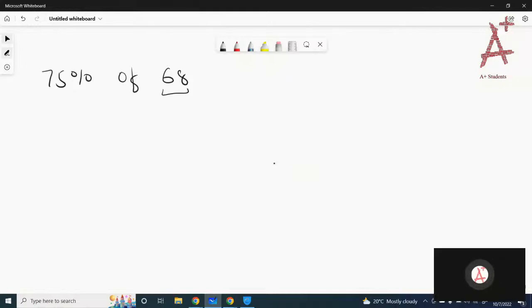Okay, so the whole is 68 here. The percent is 75%. Now let's form the ratio. So the ratio is n divided by 68, and that equals 75 by 100. Got it?